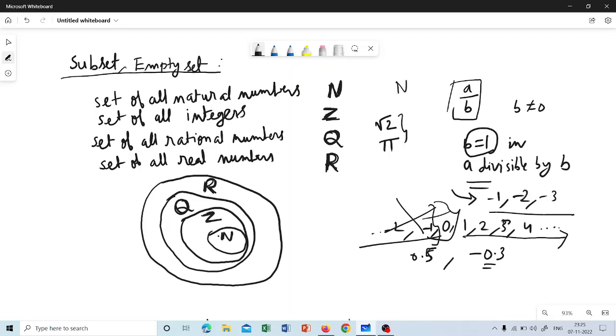I hope this diagram makes sense, because actually this should not touch here. Let me correct it. This kind of diagram, which you saw, is called a Venn diagram.